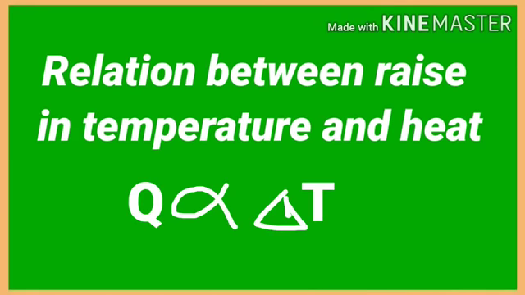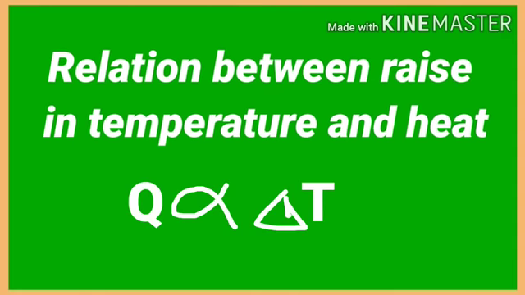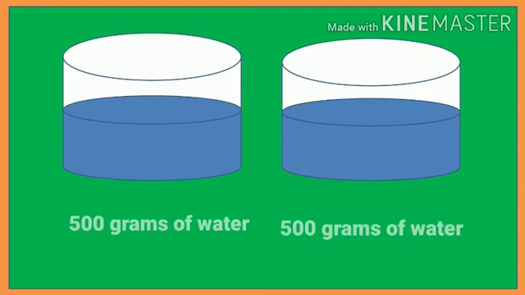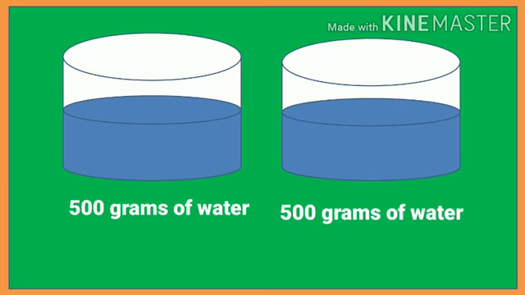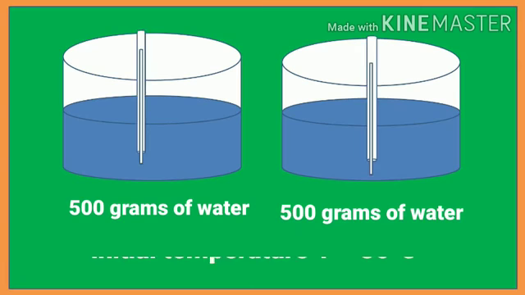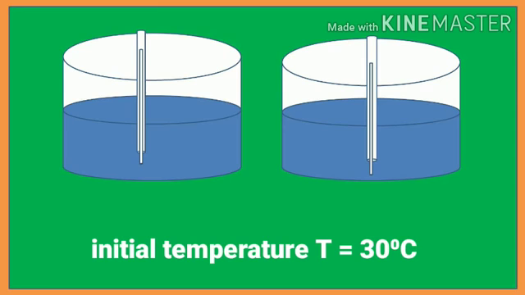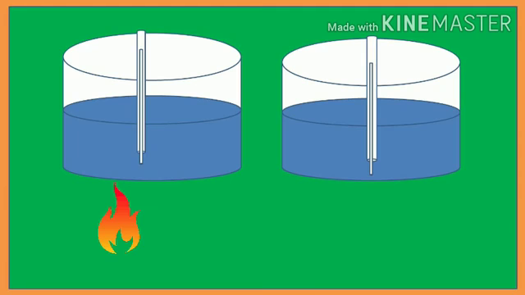Now we will learn the relation between rise in temperature and heat. Take 2 beakers of equal volume and take 500 grams of water in each of them. Note down the initial temperature of the water. Let the temperature T equal 30 degrees. Heat one with a low flame and the other with a high flame. After 10 minutes, note down the readings.